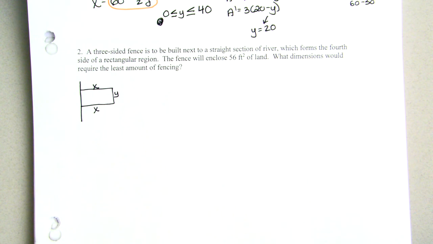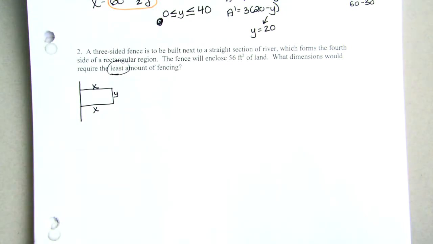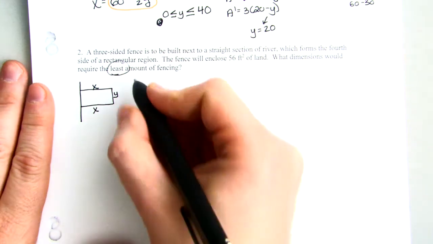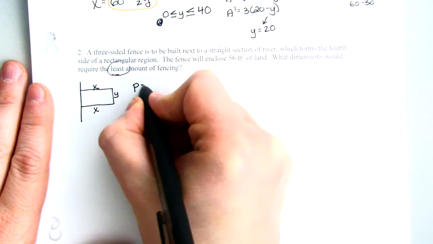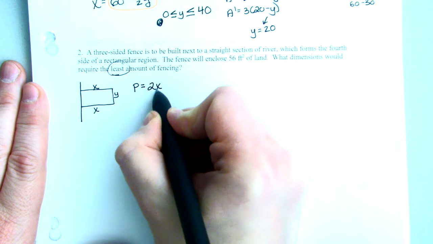So, first of all, am I trying to find a maximum or a minimum? Okay, least amount of fencing. I'm looking for a minimum here. And then, what am I trying to minimize? The area or the perimeter? Least amount of fencing, that's related to the perimeter. So my primary equation is going to be P equals 2x plus y.